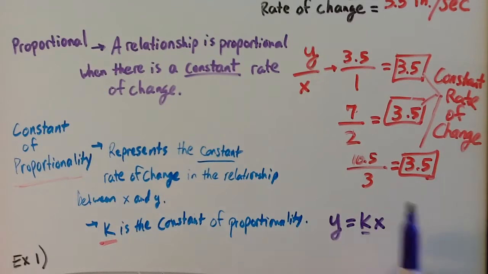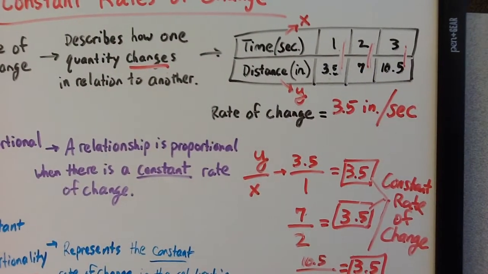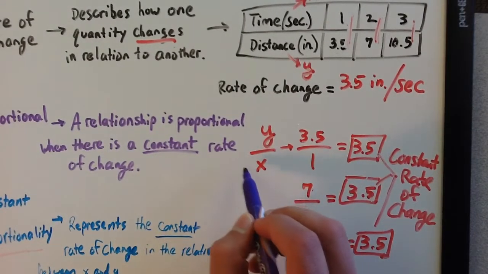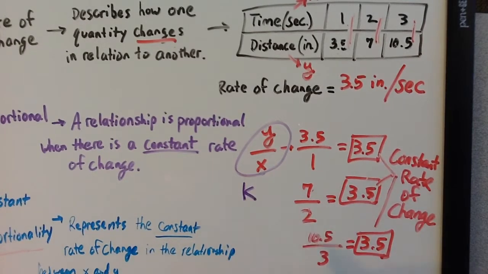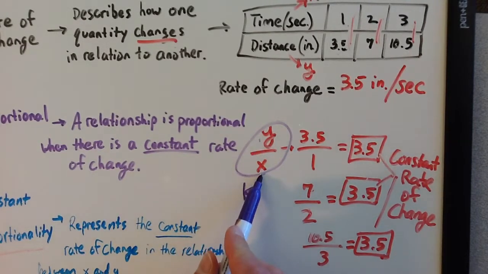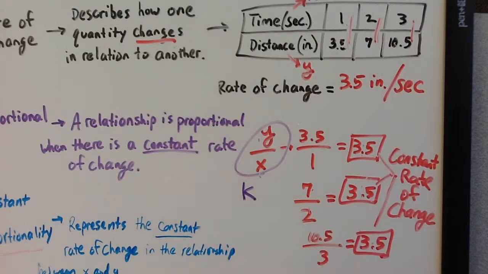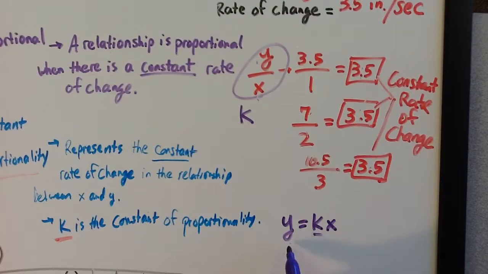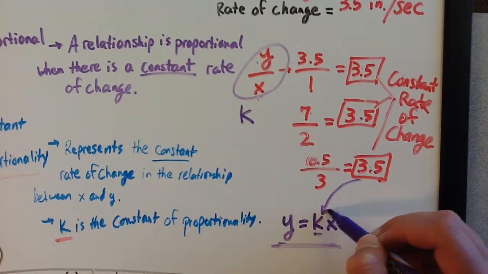From this table, if we wanted to write an equation to describe this proportional relationship, we found the constant rate of change, or the k, by taking the y values and dividing by the x values. The k was 3.5. So we can use the equation y equals kx and plug in k, which we found was 3.5.